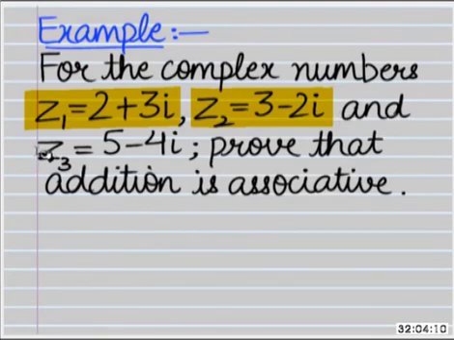And third complex number Z3 whose real part is 5 and imaginary part is minus 4, that is complex number Z3 equal to 5 minus 4 into iota. Prove that addition is associative.